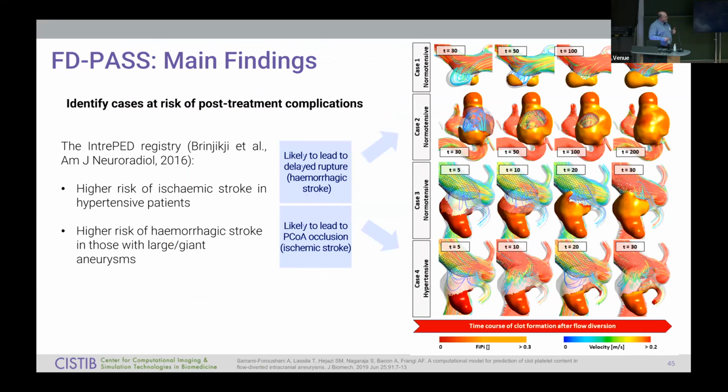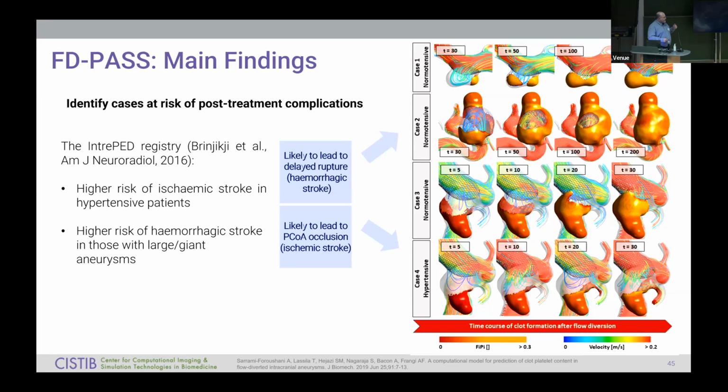So for instance, what happens with side branches? What we observe through the models is that, with this color coding here, the solid color coding as opposed to the streamlines is a parameter that has to do with the density of clot that is formed and the quality of the clot, while the streamlines are the flow itself. And what you can see here is clotting time, and these are different patients. For instance, this patient and this patient have the same geometry, but this one is normotensive and this one is hypertensive.